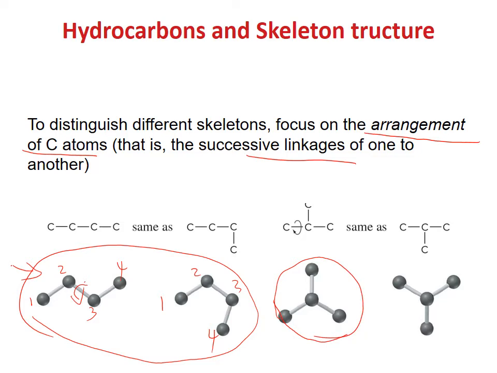For example, if this is carbon 1, 1 to 2, 2 to 3, but 3 is not to 4. Instead, it is 2 to 4. So carbon 2 connects to 3 and also 4. And so the first molecule cannot become the third molecule by simply rotation. The bond linkage is different.